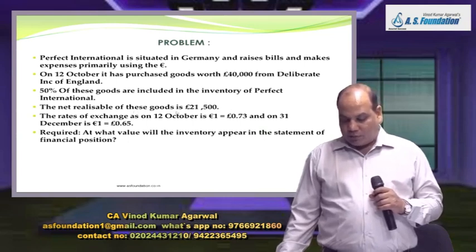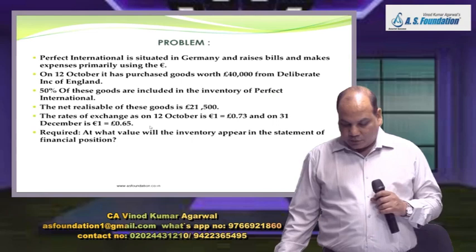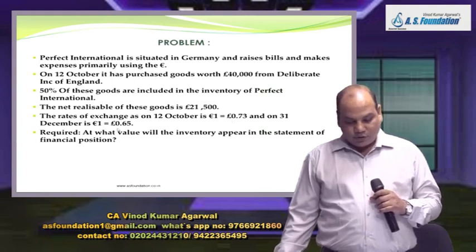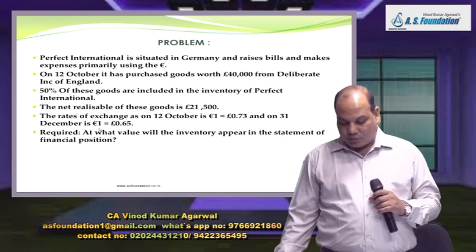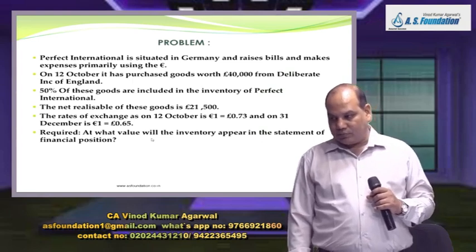The net realizable value of these goods is 21,500 pounds. The rate of exchange on 12th October is 0.73 pound per euro. On 31st December it is 0.65 pound per euro. At what value will the inventory appear in the SOFP?